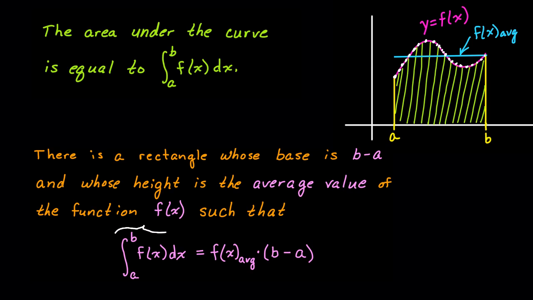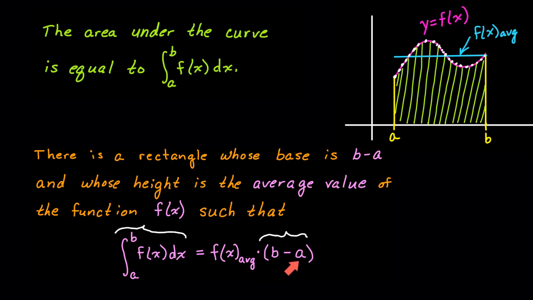This right here represents the actual area between the curve and the x-axis. That's the green area under the curve over here. b minus a represents the base of my rectangle, and then f of x average, or the average f of x, that's the height of my blue line, which represents the height of my rectangle.